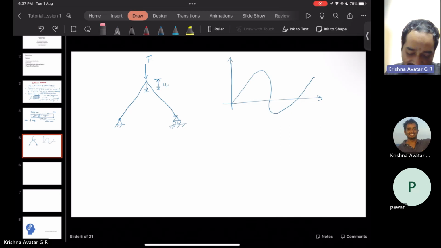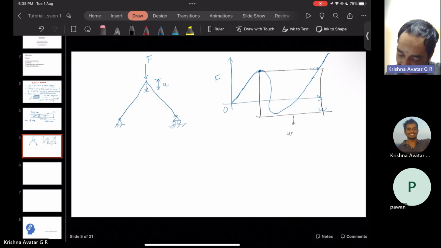The problem with Newton-Raphson is, let's call this load F, if we increase our F, we get a new value of U. Up to this point, we follow this curve. But after this, if we increase the load, we jump directly to this part of the curve and follow this line, which means this region is inaccessible to us using the Newton-Raphson method.